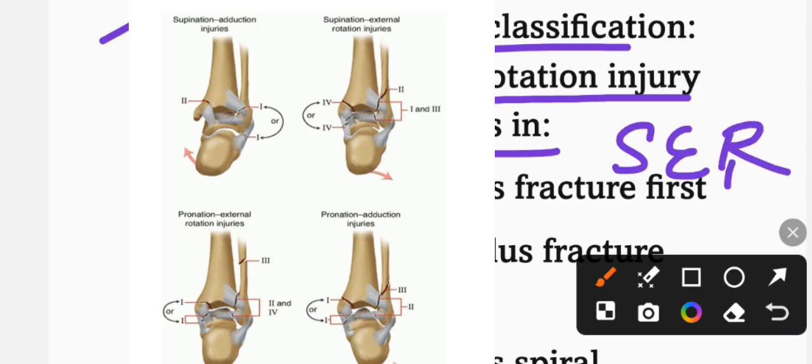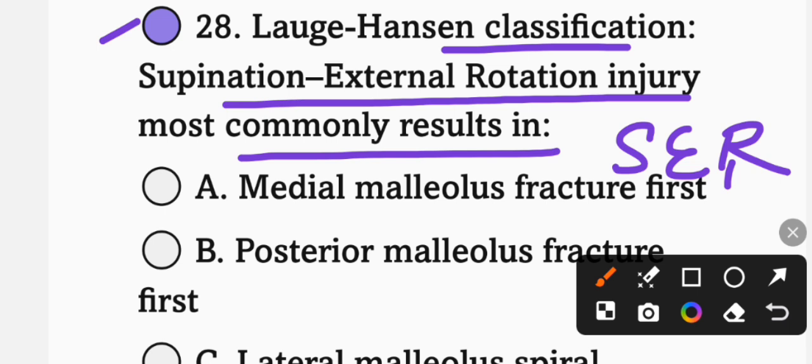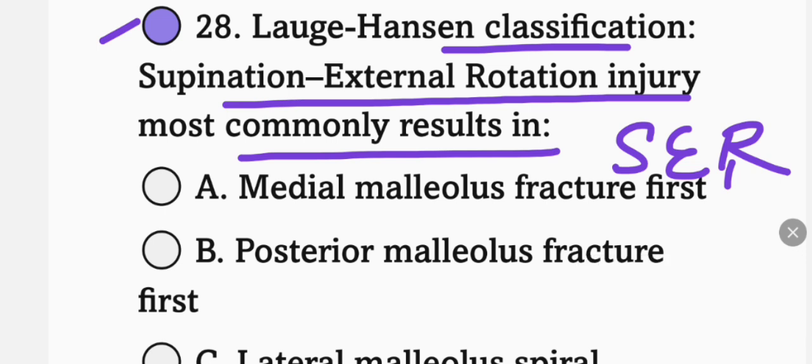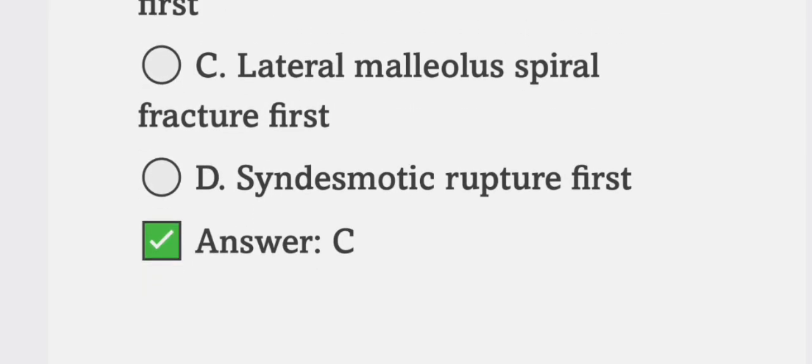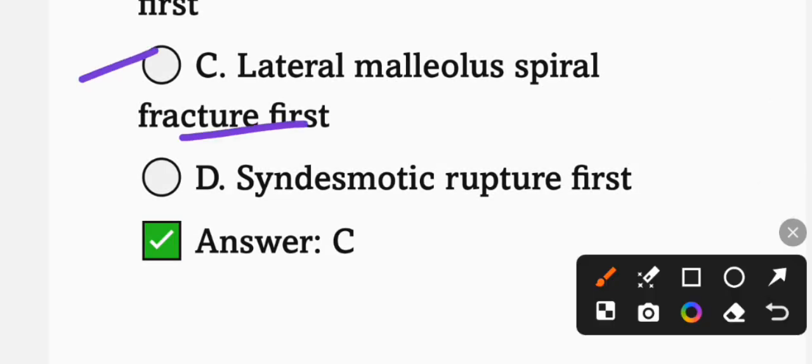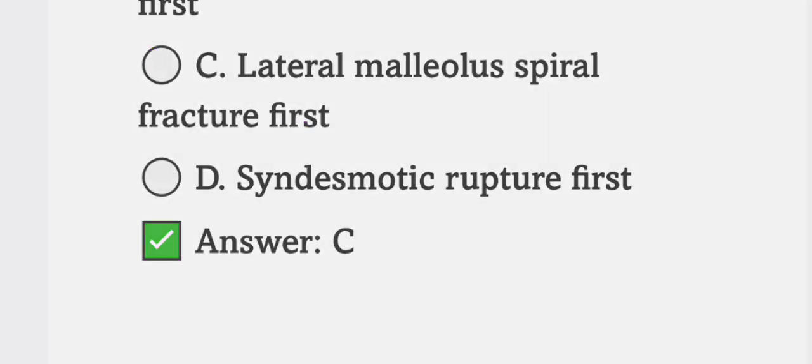SER injuries are most commonly seen as spiral fractures of the lateral malleolus, and then the medial side structures get injured. So first is the lateral malleolus. C option is the correct option.